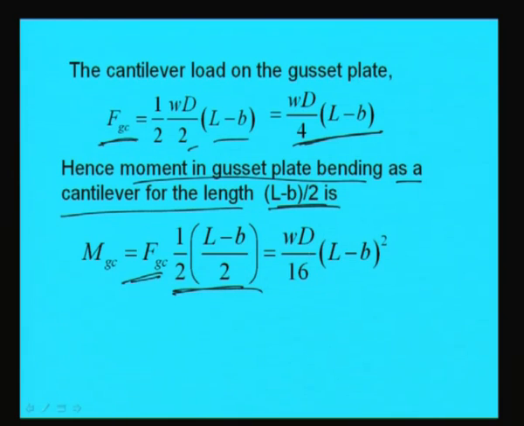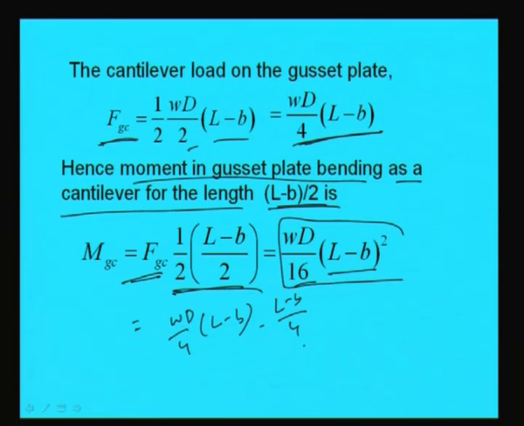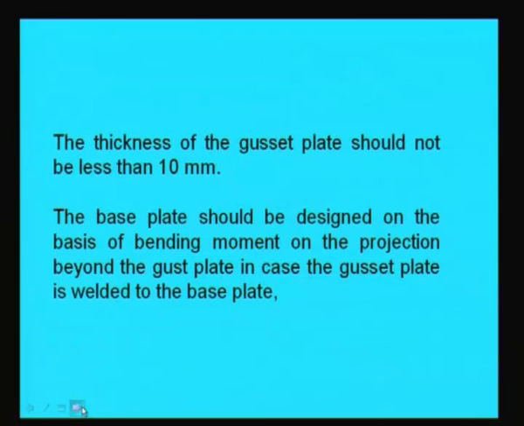So wD by 4 into L minus B into L minus B by 4, which will become wD by 16 into L minus B whole squared. So the moment in the gusset plate will become wD by 16 into L minus B whole squared. In this way we can find out the moment.